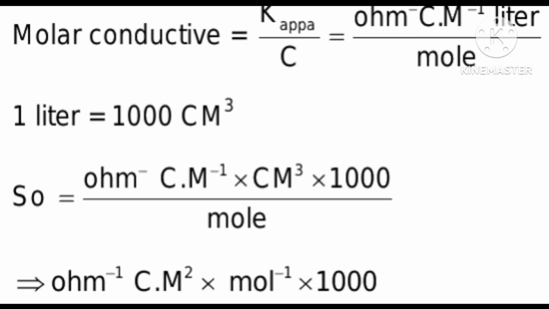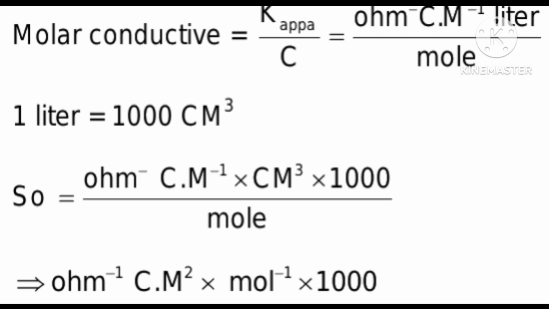And after that what will happen? You are adding water and measuring the conductivity, and you find conductivity is increasing. A time will come that after adding water, conductivity will not increase. It will become constant.